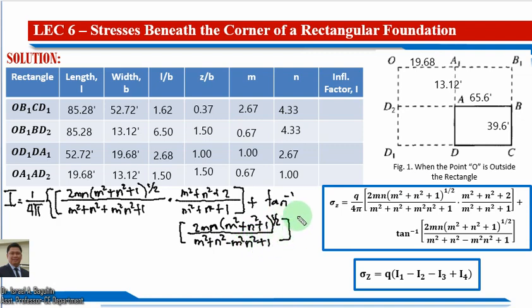Okay, so we first calculate the rectangle O, B1, C, D1 using this influence factor formula.